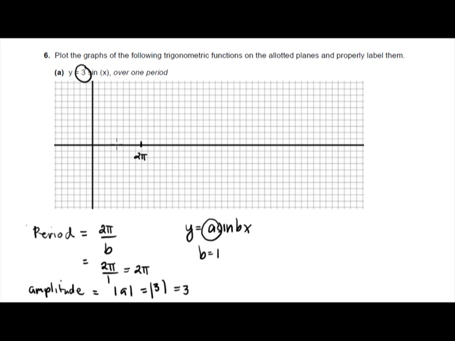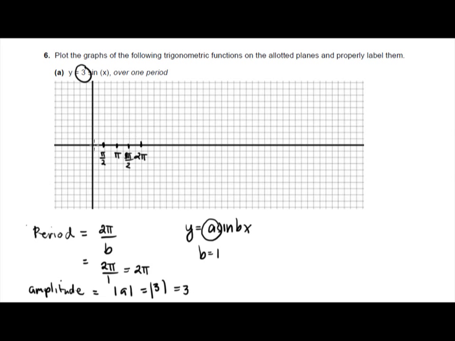So 2 pi, half is pi. You cut the pi into 2 in the middle. So half of pi is pi over 2. And then you have the third one to be 3 pi over 2, which came from pi over 2 plus pi over 2 plus pi over 2 is 3 pi over 2.